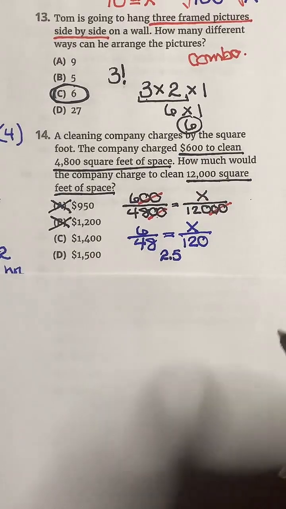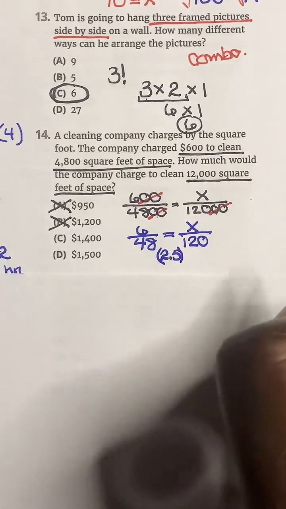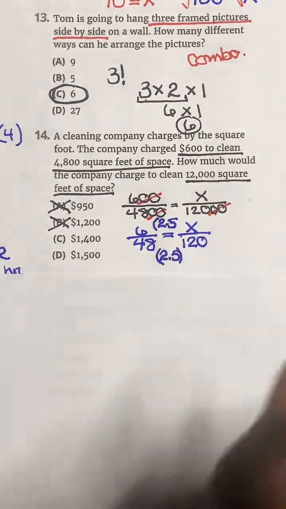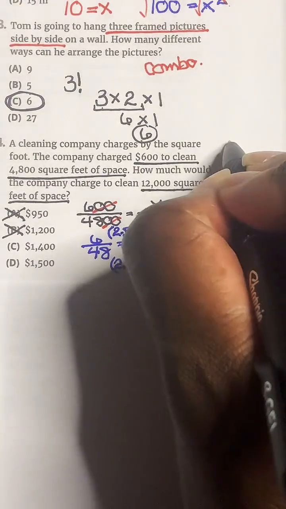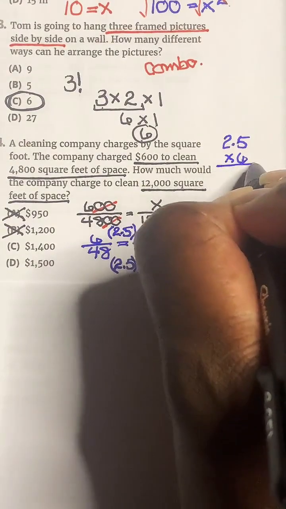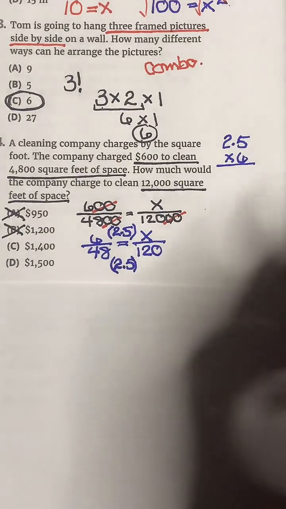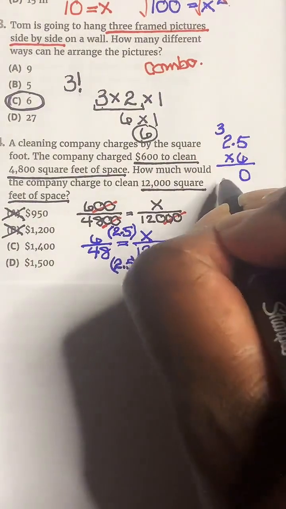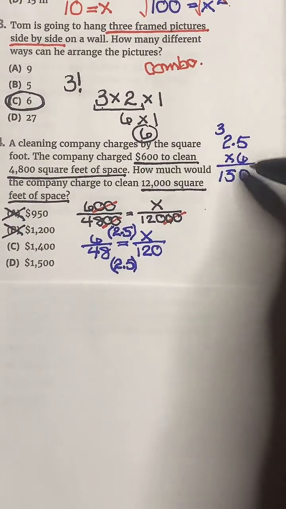So if I multiply the denominator by 2.5, I can multiply the numerator by 2.5. When I do that, I have 2.5 times 6. How'd you get 2.5? I know that 48 times 2.5 will give me a whole number of 120. So I got my 30.